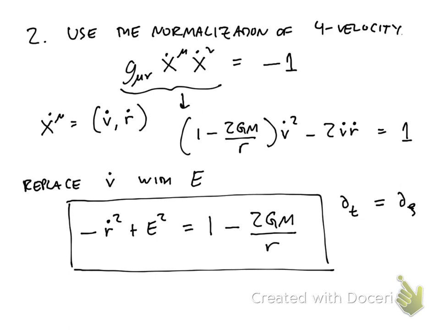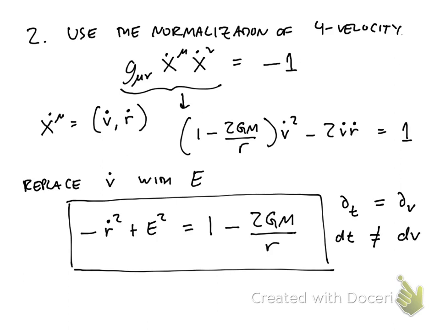Sorry, excuse me, that's not what I meant to say. It's the same vector as partial v. However, it is not true that dt is equal to dv. This earlier relation is true, so the partial derivative in that direction is the same, but the one-form dt is not equal to the one-form dv.